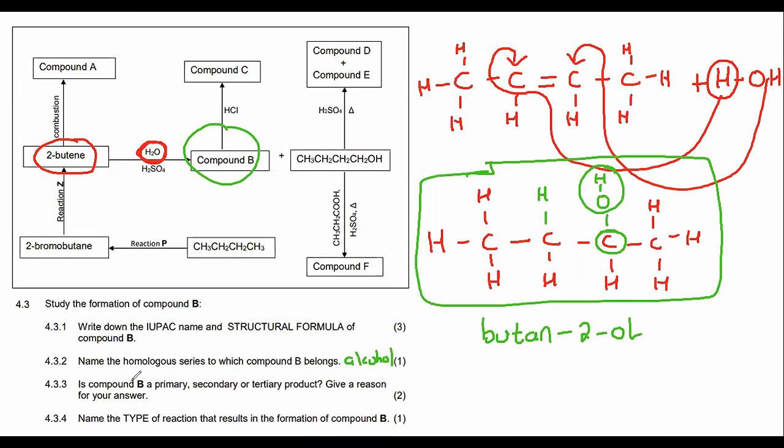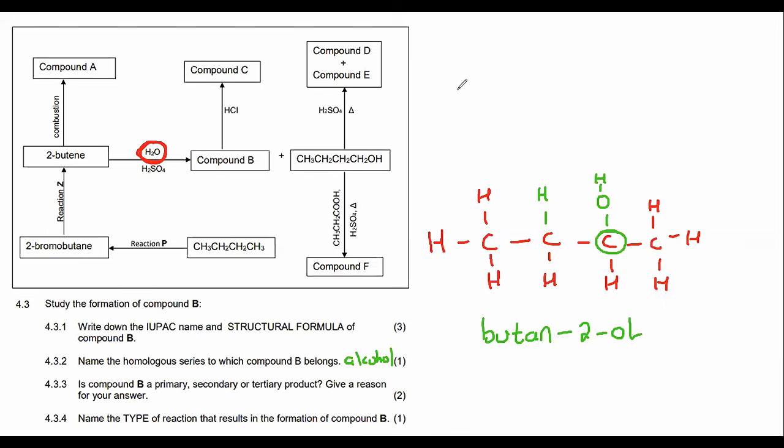All right. And then is compound B a primary, secondary, or tertiary product? Give a reason for your answer. So if you have something like this, or even something like this.